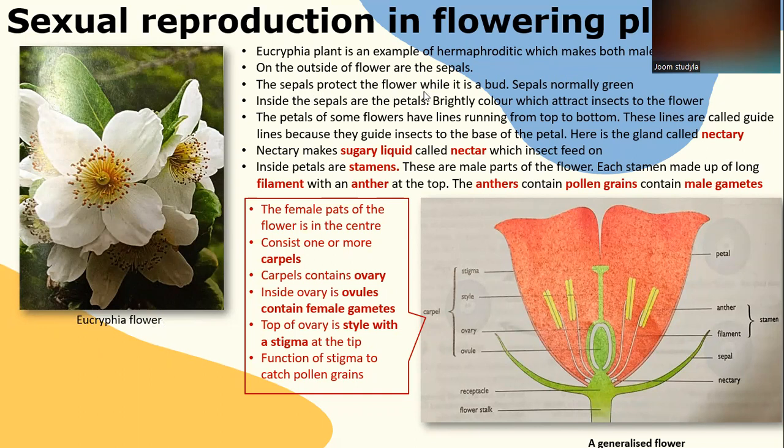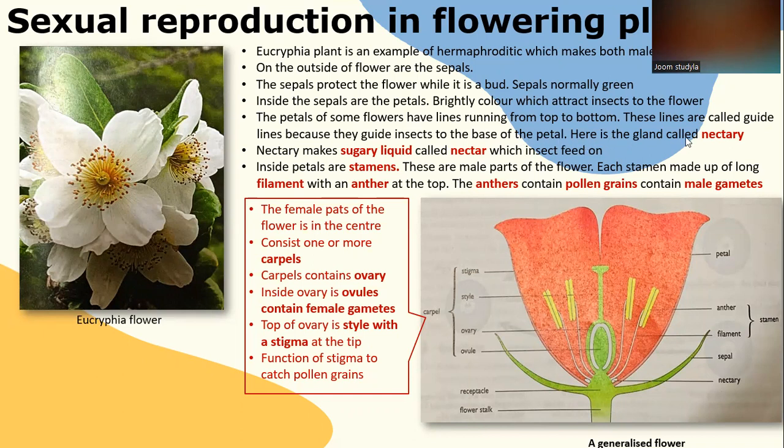The sepals protect the flower while it is in bud. Sepals are normally green. Inside the sepals are the petals, brightly colored, which attract insects to the flower. The petals of some flowers have lines running from top to bottom. These lines are called guide lines because they guide insects to the base of the petal.